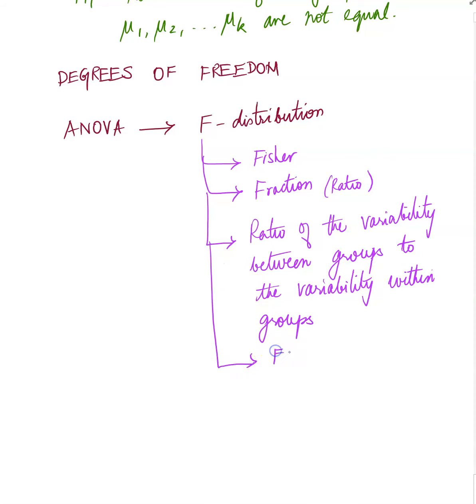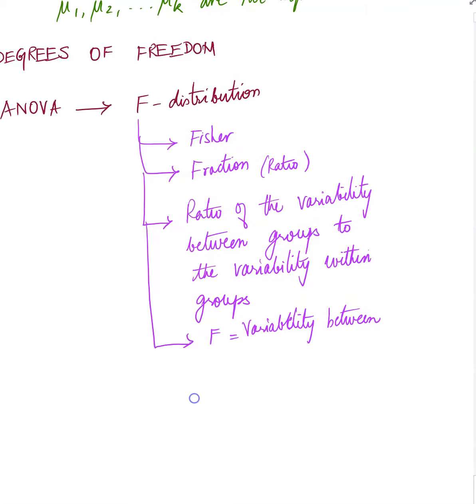So you can say F is the variability, that's the variance, between groups over variability within groups.